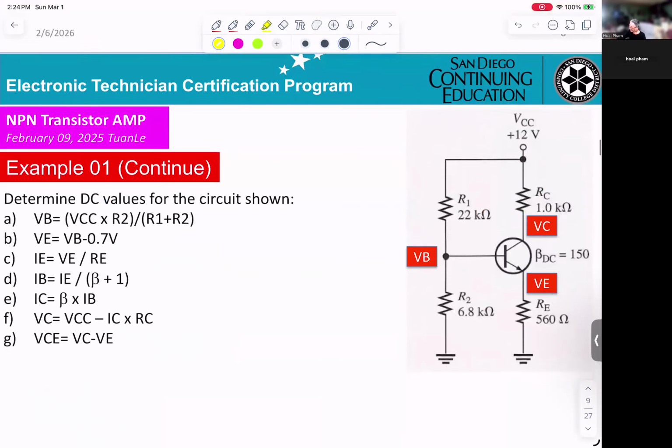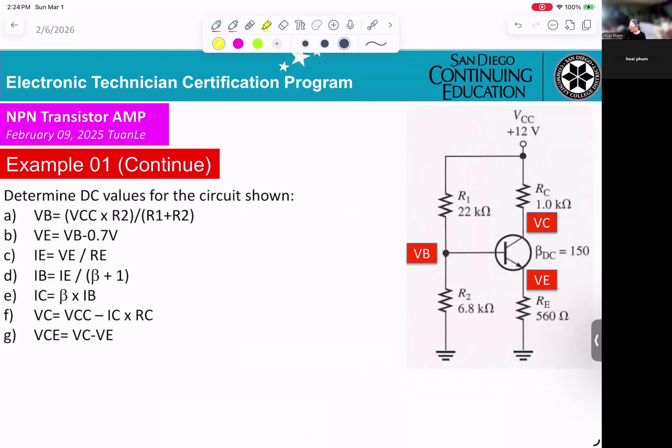See what calculation here. Okay? They want you to do the DC calculation first. And VB equals, using the voltage divider, 12 volt times R2 divided by R1 plus R2.